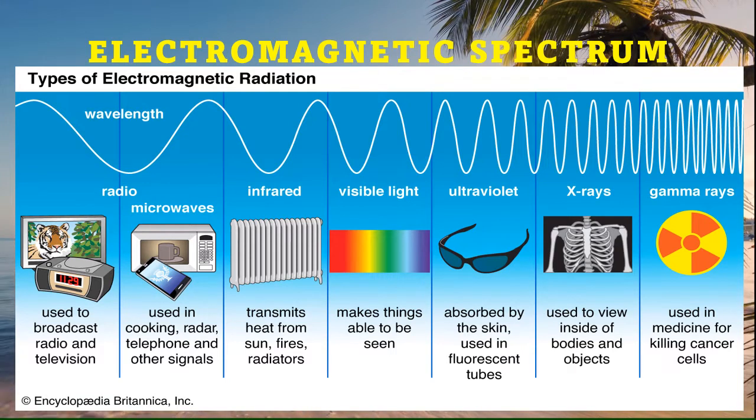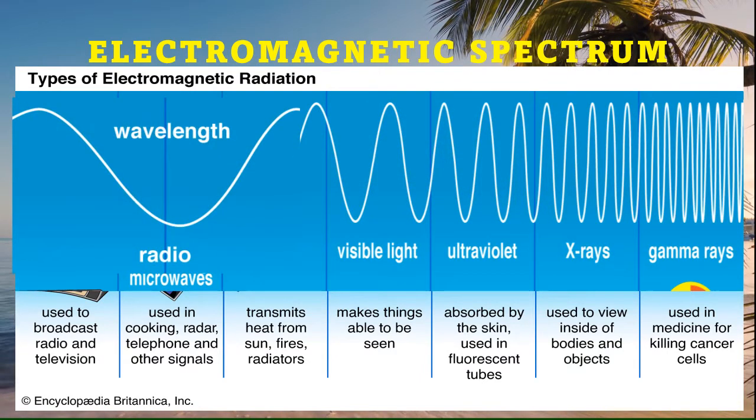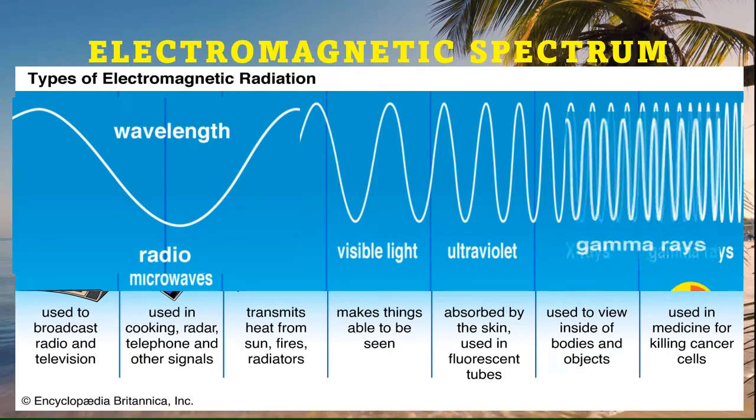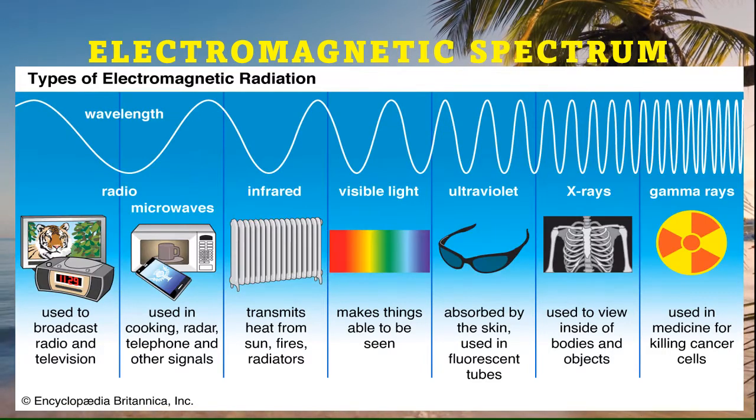They are arranged according to increasing frequency but decreasing wavelengths. Radio waves have the lowest frequency but highest wavelength, while gamma rays have the highest frequency but lowest wavelength.